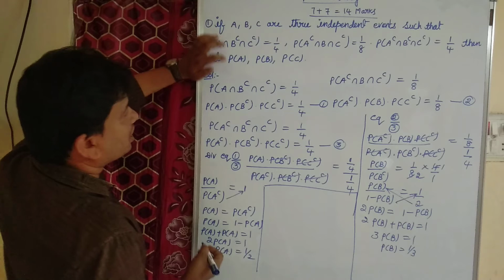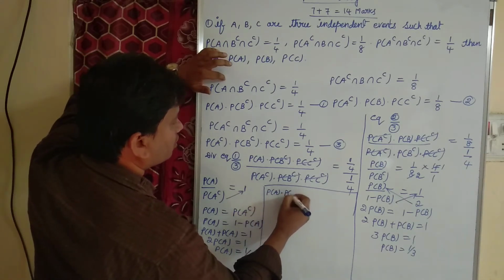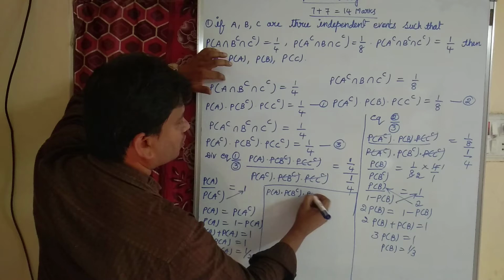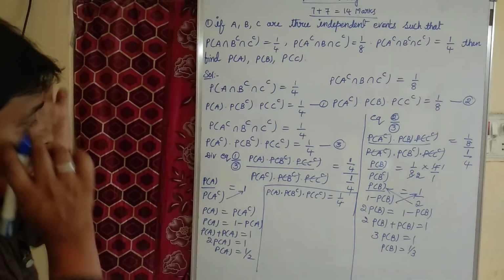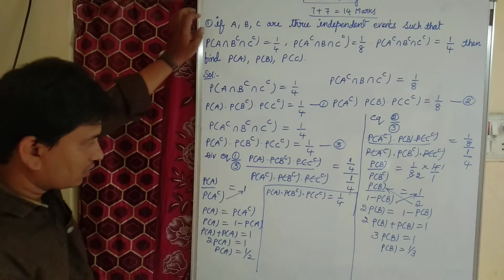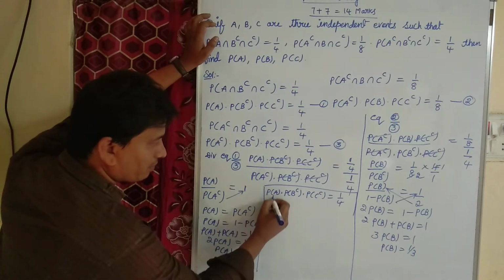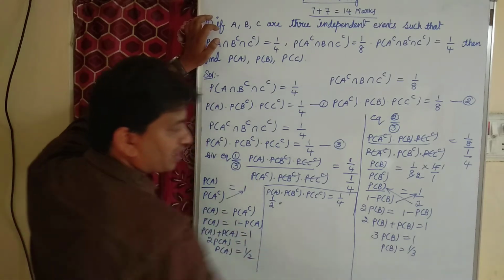As we know, equation number 1 is P(A) into P(B cap) into P(C cap) equal to 1 by 4. As we want P(C cap), let me find. We got the value of P(A) is 1 by 2. And we got the value of P(B) as 1 by 3, children.